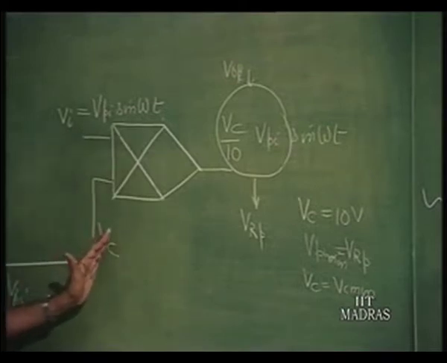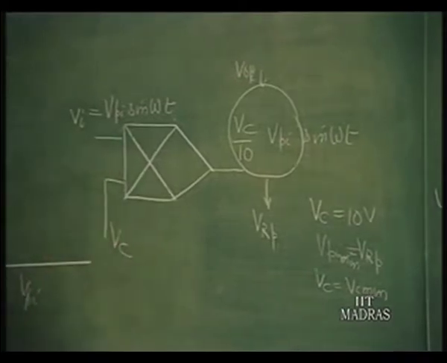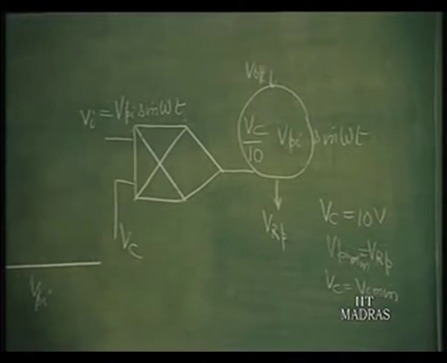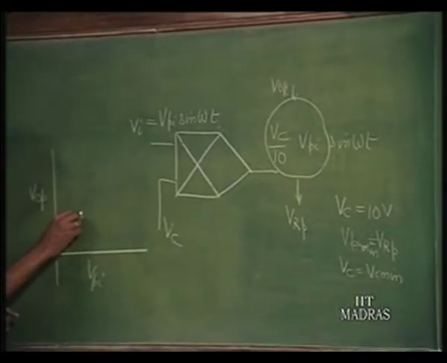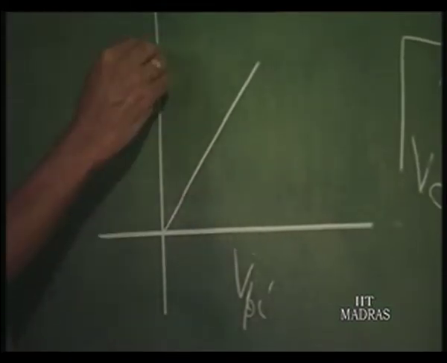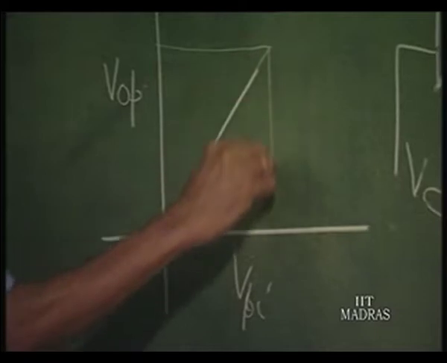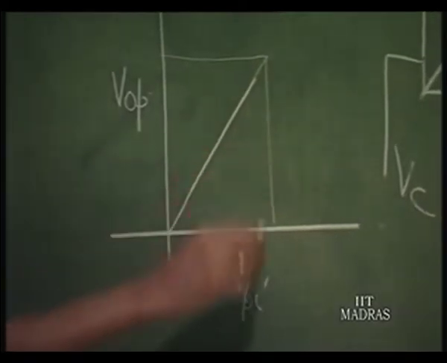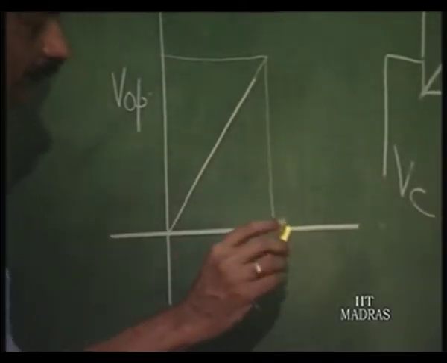So, it is not working at that point of time. So, what will be the gain? Gain is going to be 1. That means, it is going to follow like this. If they are of the same scale, there will be a 45-degree line up to the point when this becomes equal to 10 volts.